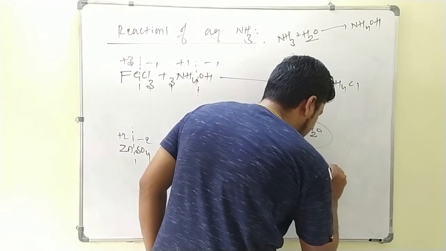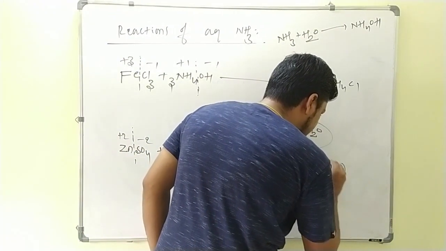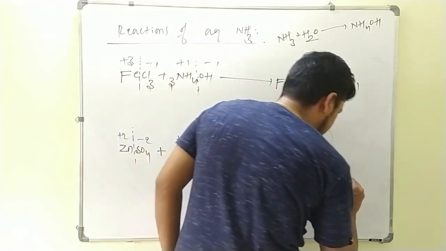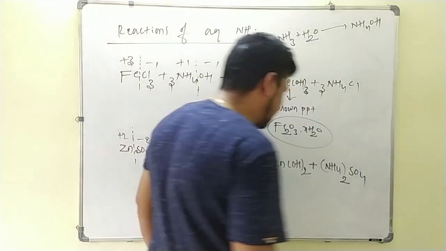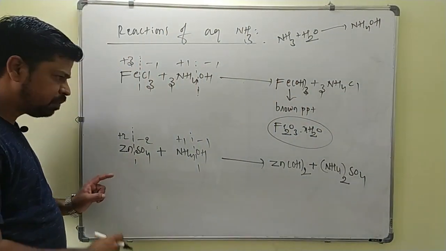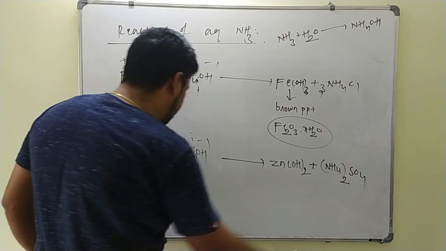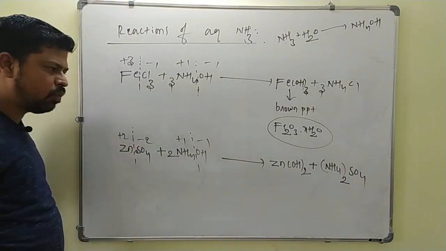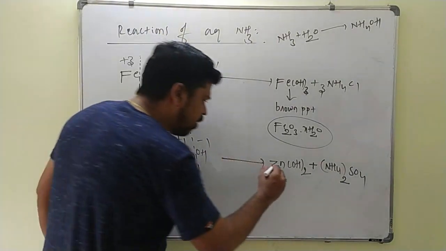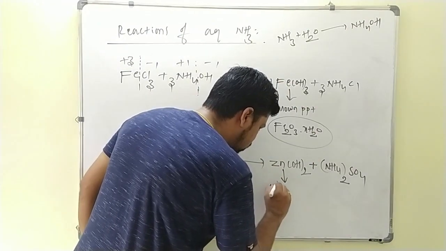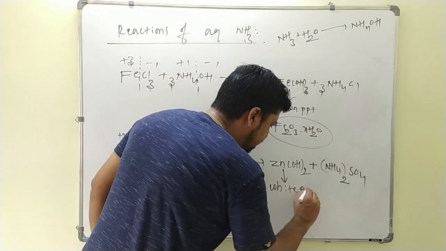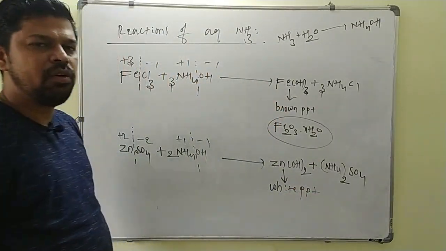You interchange the charges, so ammonium sulfate is formed. Here two ammonium ions are needed, so this is multiplied by 2. This zinc hydroxide is a white precipitate.